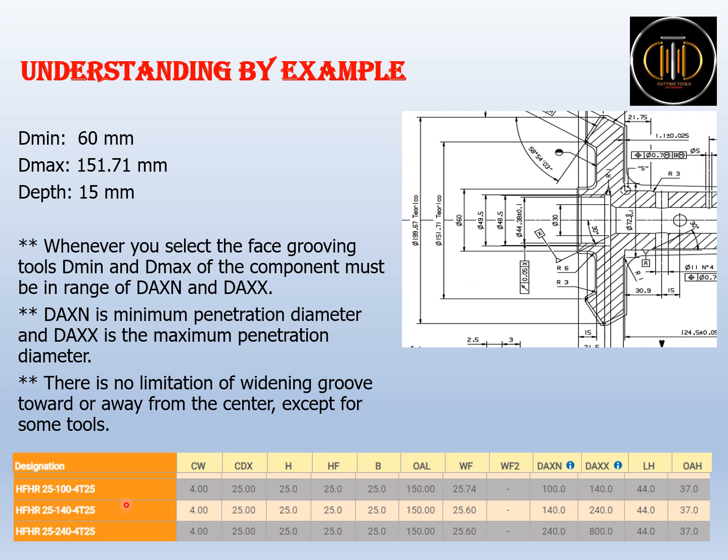Suppose here the 4 mm insert tool has a diameter range of 100 to 140. You check whether these two diameters fall in this range. 60 does not come in 100 to 140, so this tool cannot be selected. But 151.7 is there, so this tool can be selected. Any one of the diameters should fall into the range of the tool.